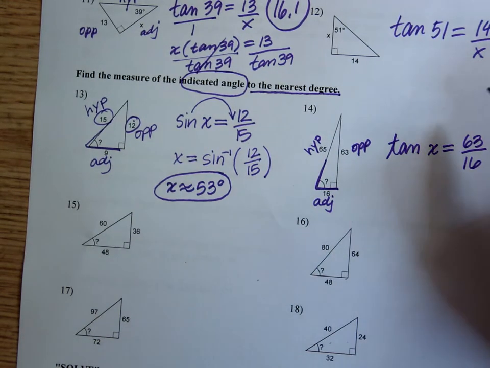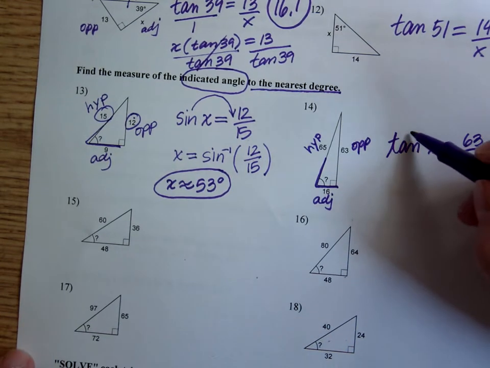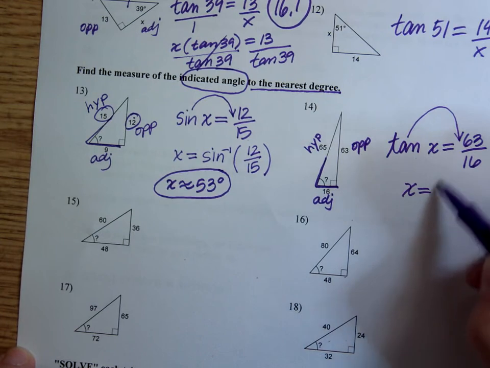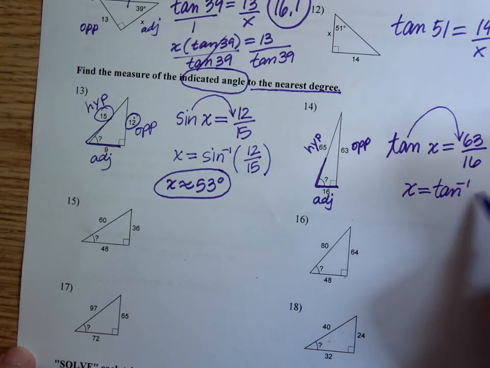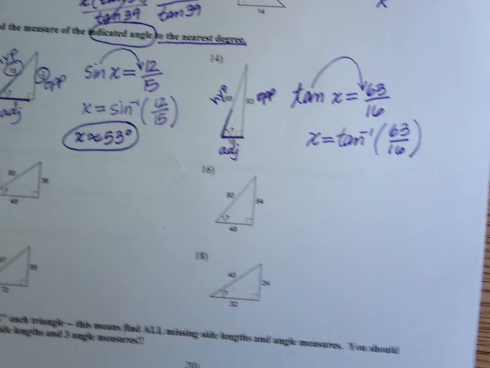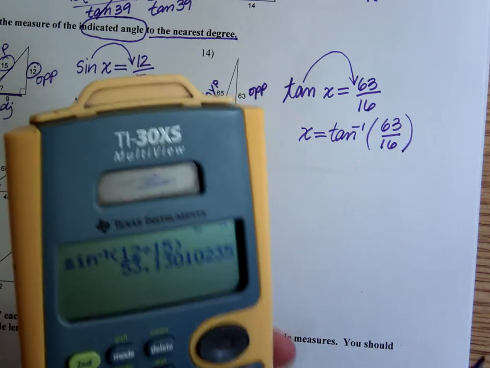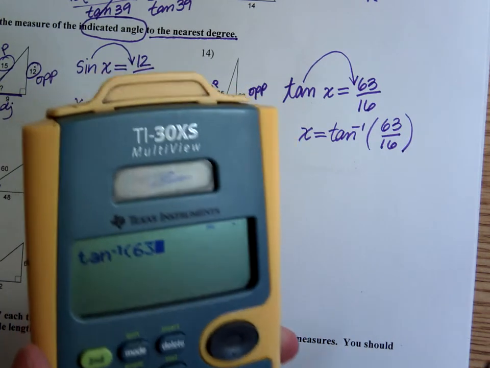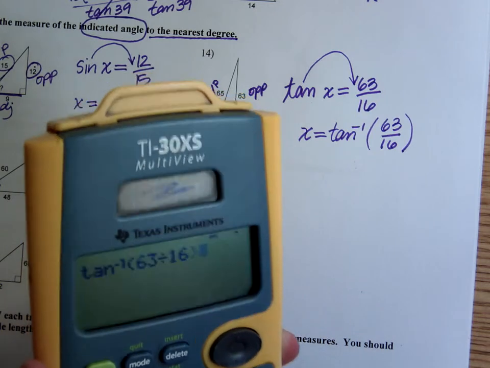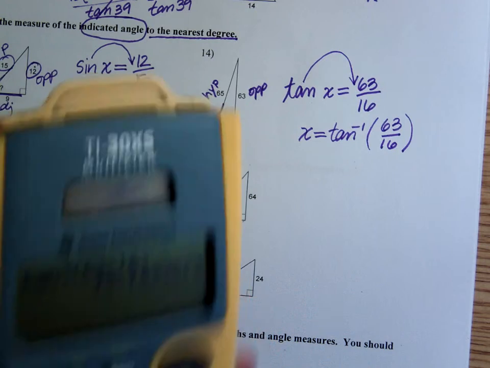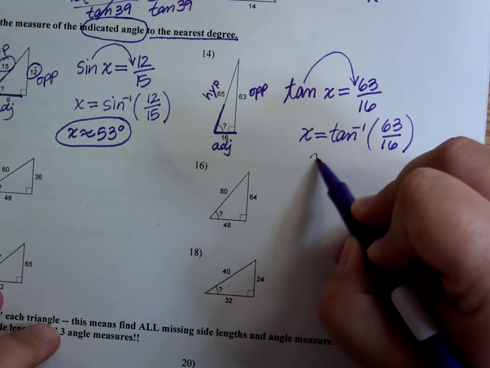So these are the special ones where, to get the x alone, I have to move this over here as an inverse tan. X equals inverse tan of 63 over 16. So that's when I go to my calculator. Sorry that I wasn't showing it. X is alone. Inverse tan of 63 over 16 is 75.7, so that's 76 degrees.